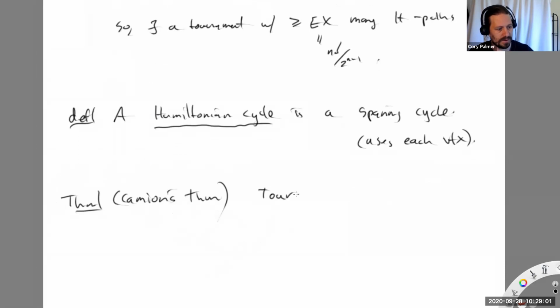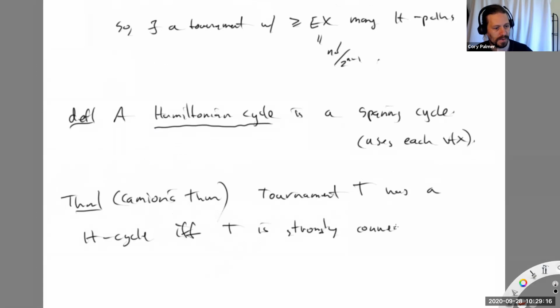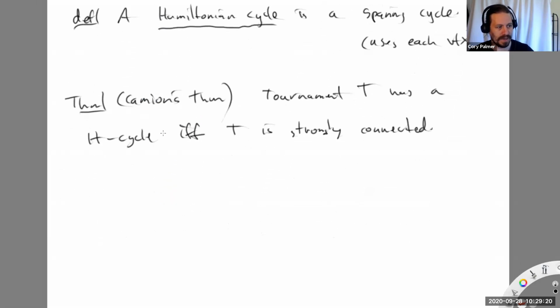So a tournament T has a Hamiltonian cycle if and only if T is strongly connected. Okay, that's it. So having a Hamiltonian cycle is equivalent to being strongly connected.